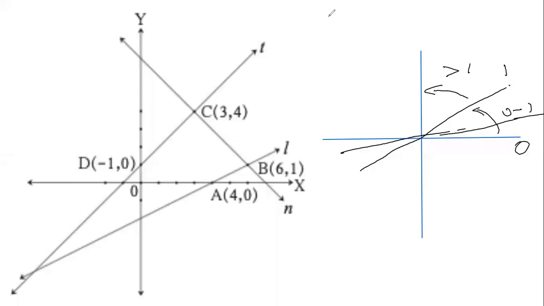The moment the line becomes like this, the slope becomes negative. Even if the line comes slightly from here, it will become negative. Why does that happen? It's very simple.